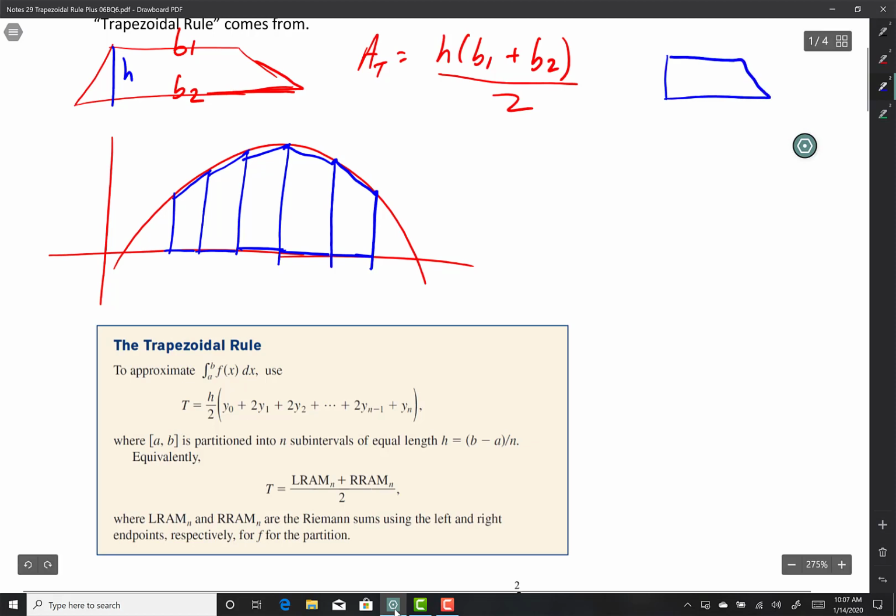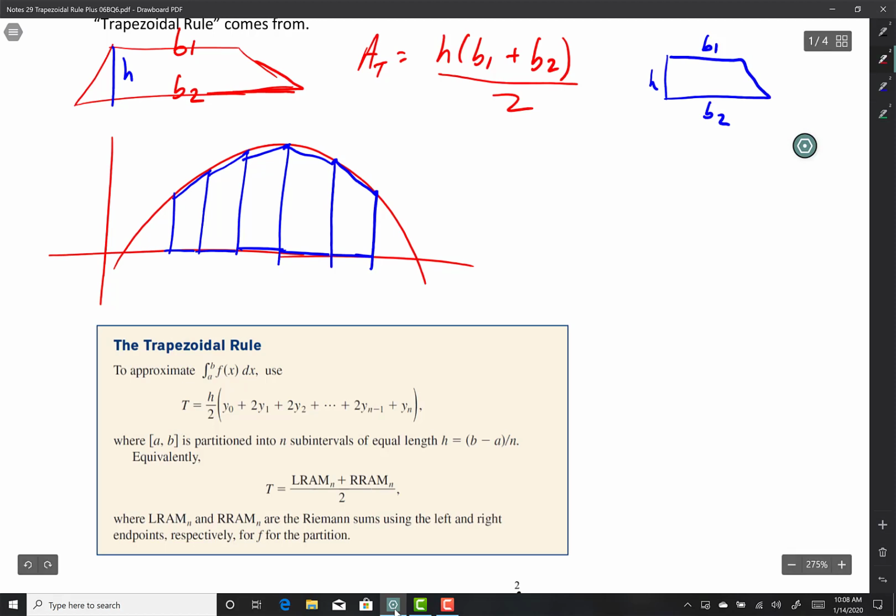That's a trapezoid. Cool or not cool? Base 1, base 2, and height. It's just not a normal trapezoid, but it's still a trapezoid by definition. Are we still okay, guys?